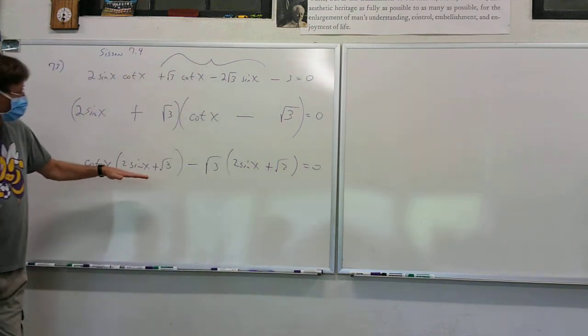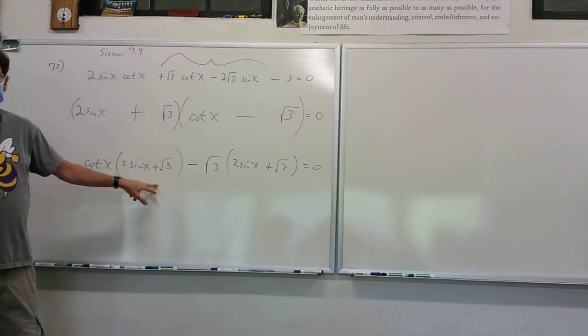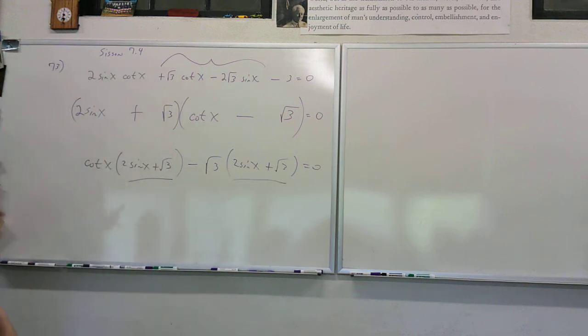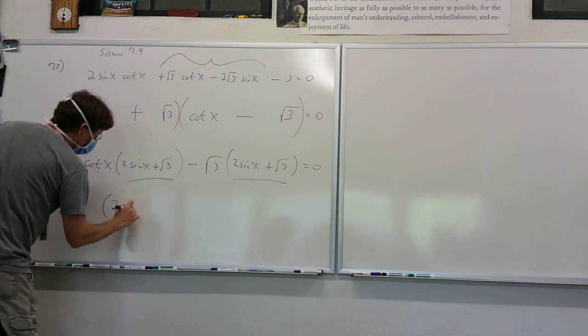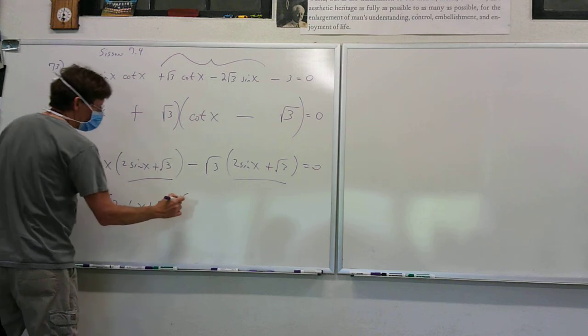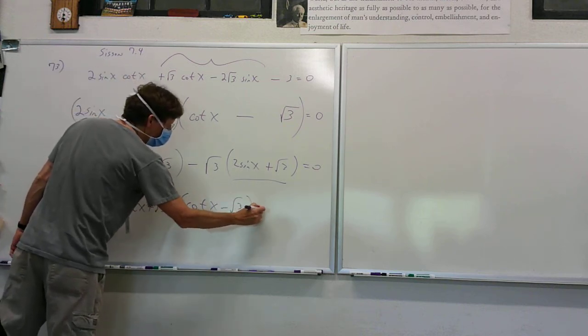And do you notice how after you factor that out, these two are the same? Remember when you were doing factor by grouping, if these two were the same, you could bring that to the front, factor it out. And then get cotangent x minus square root of 3.